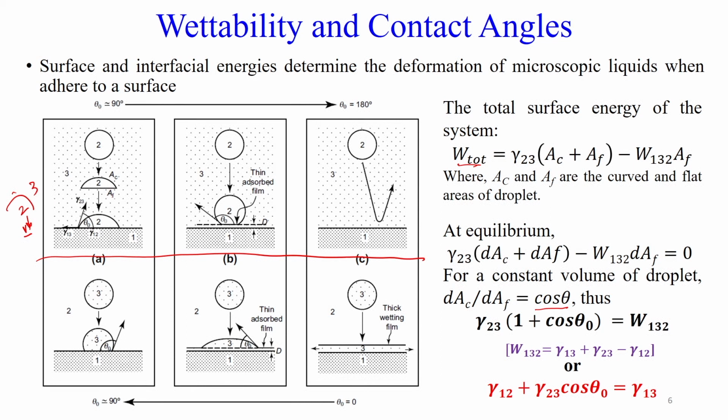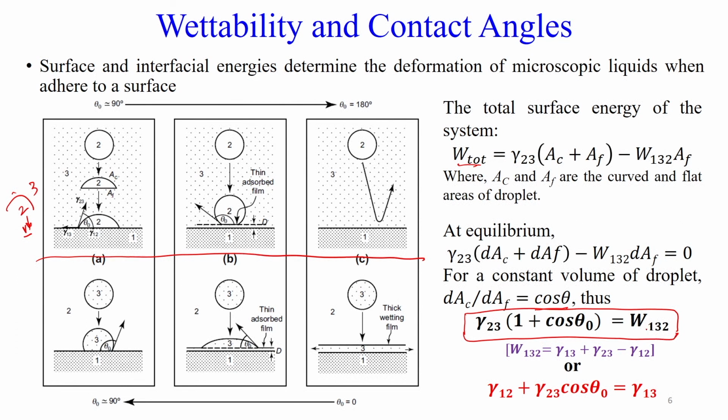So, this cos theta can be defined as dAc upon dAf. So, here we can simply divide by AF, so this will be the AC upon AF. So, this will be gamma 23 times 1 plus cos theta is equal to W132. Now, this is again looking a similar expression as the Young's equation.